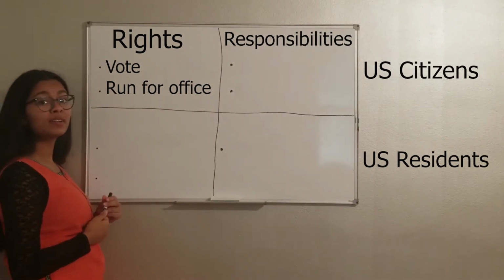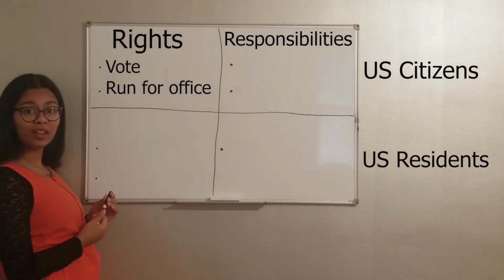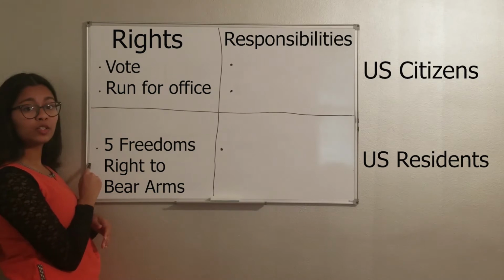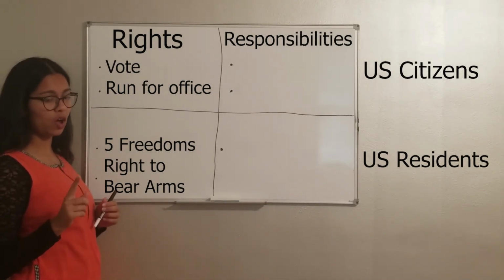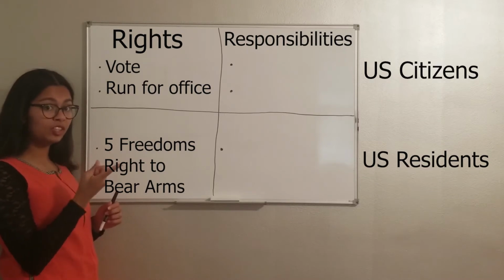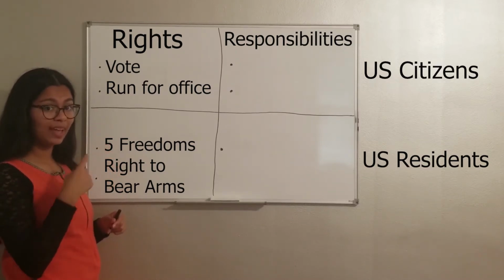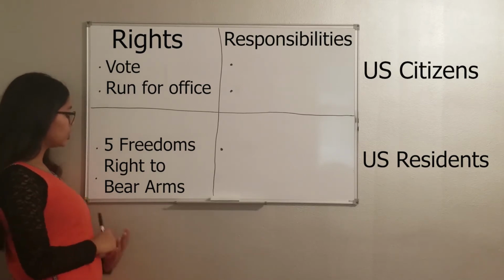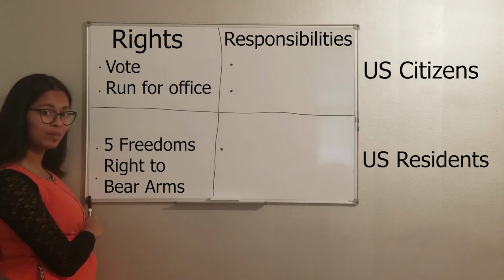For US residents overall, they have two rights as well. The right to the 5 freedoms mentioned in the First Amendment, which were, if you'll recall, the freedom of speech, press, petition, assembly, and religion. They also have the right to bear arms, which was from the Second Amendment.